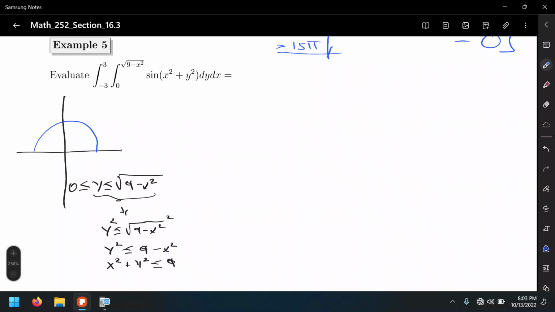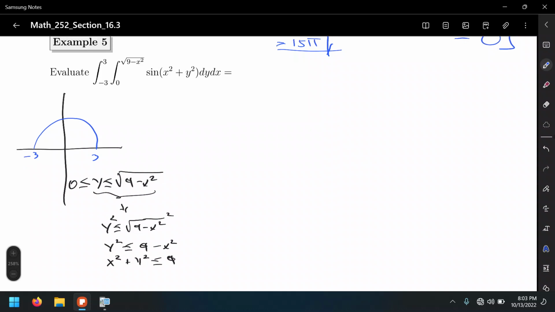So that's for the variation of the y's. These limits of integration for the outermost integral, which is the dependence for x, are telling us we're going to go from -3 to 3. And that's actually a circle of radius 3, so it should complete this idea.